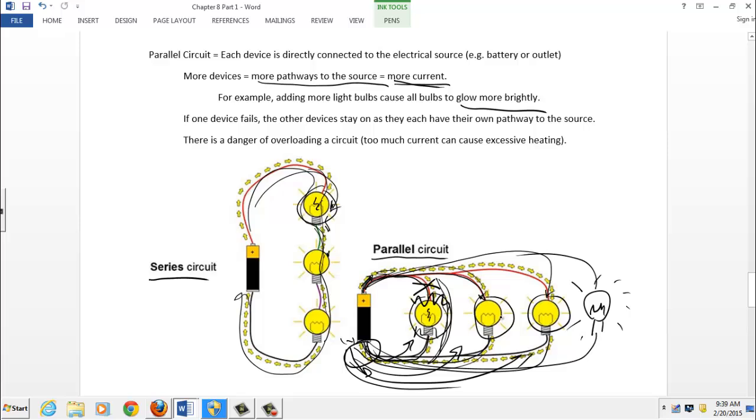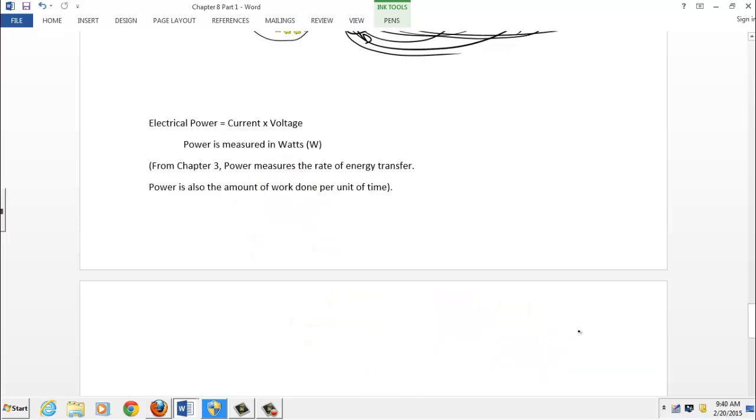So that's a good thing. You don't shut down all the light bulbs if one blows. But then there is a danger that as you add more and more light bulbs, you're going to increase more and more current, and now you run the risk of overheating the circuit, overloading the circuit, and you might have a fire.